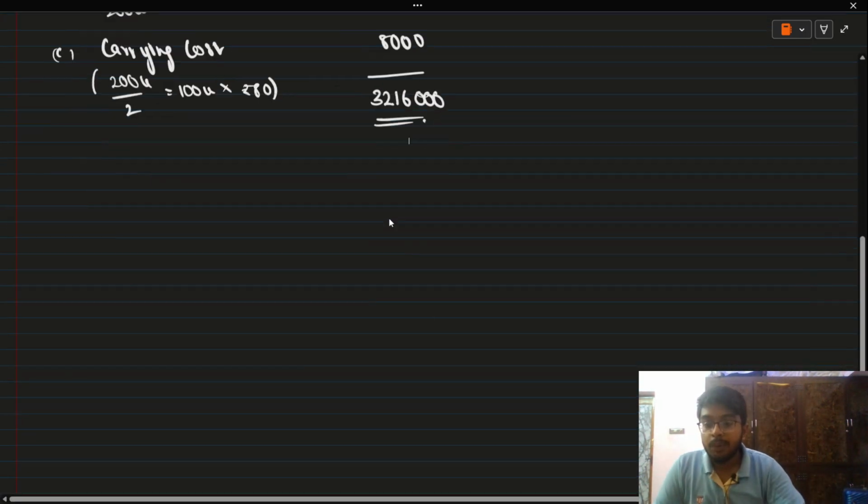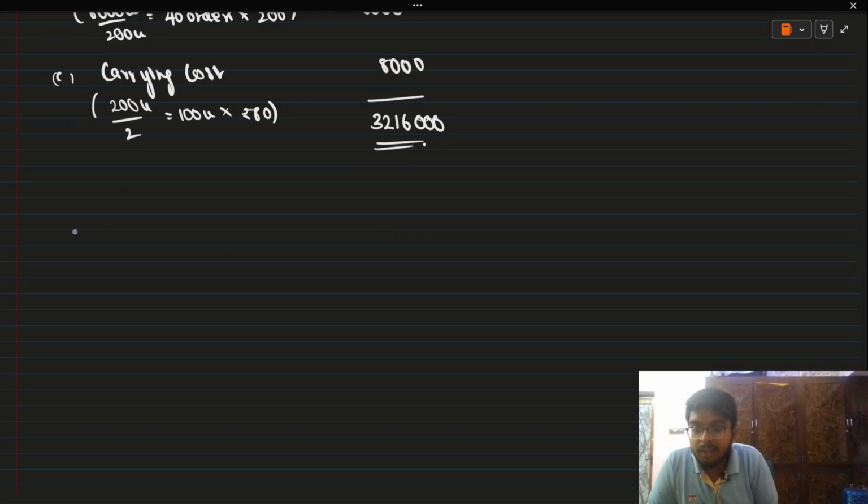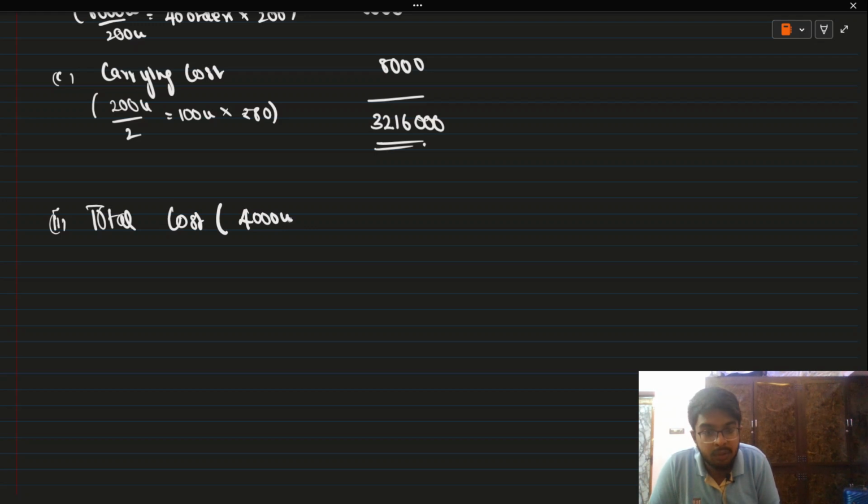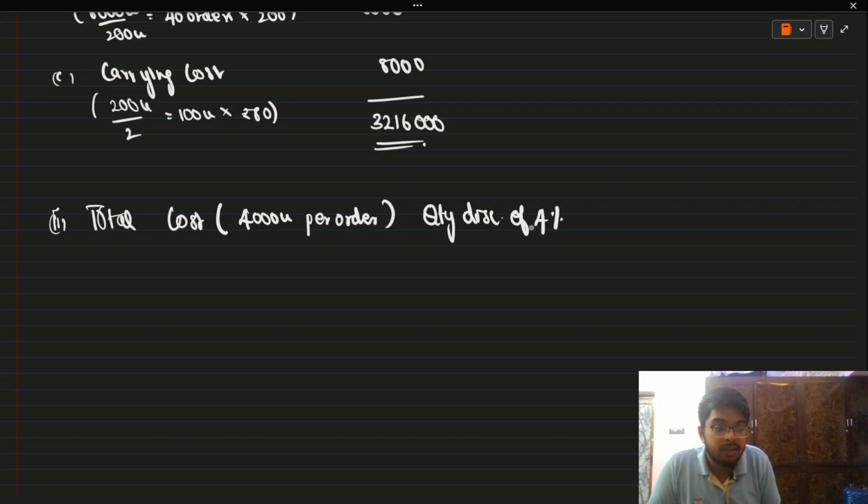Now we should find total cost if we follow 4000 components per order, 4000 units per order, and we get the quantity discount of 4%.